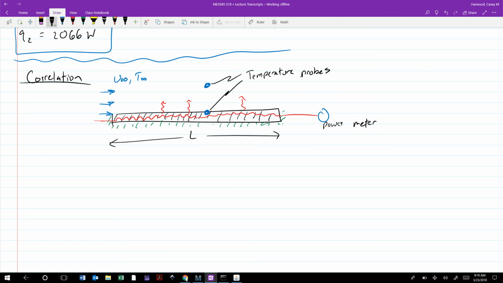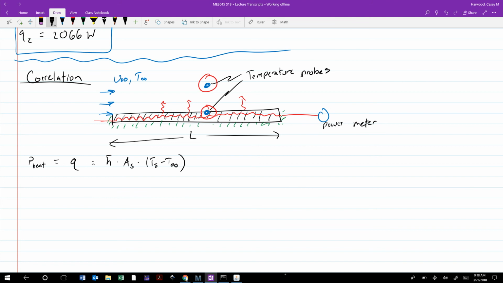If we measure the amount of power used to generate heat, then this is effectively our Q, our rate of thermal energy transfer to the fluid, which is equal to h bar times the surface area of the plate times Ts minus T infinity, where those quantities are being measured by these two temperature probes, Ts and T infinity.